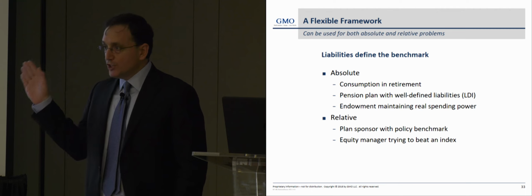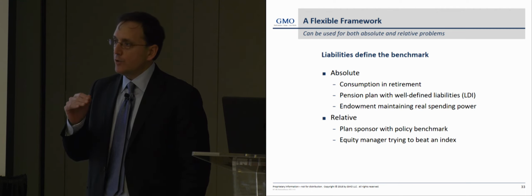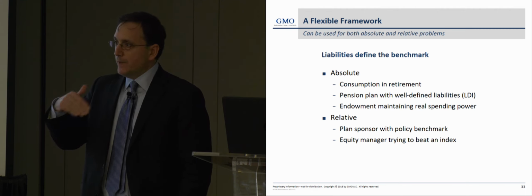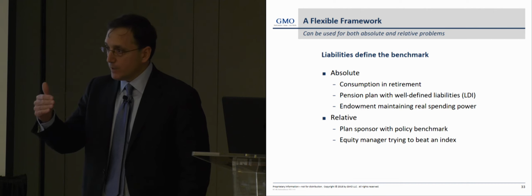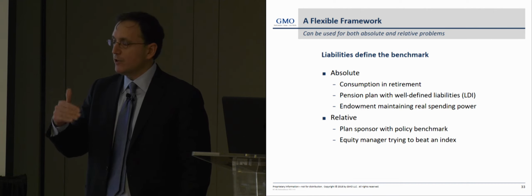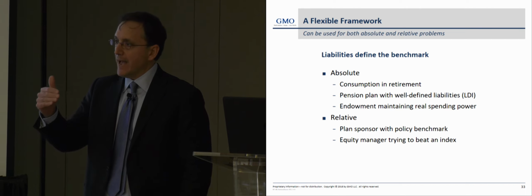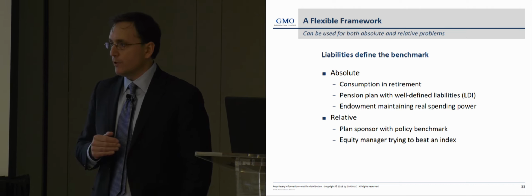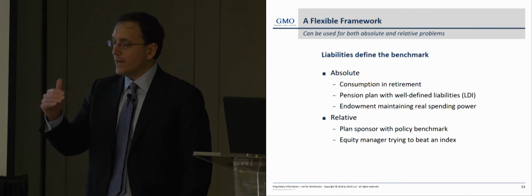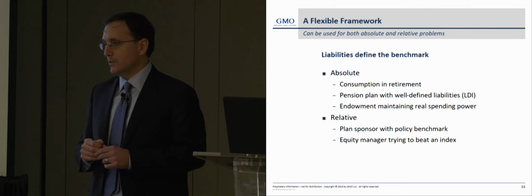What this approach suggests that you should actually do is periodically, frequently, reevaluate your needs and circumstances, re-optimize, and then rebalance to the most appropriate portfolio based on what your new needs and circumstances are.